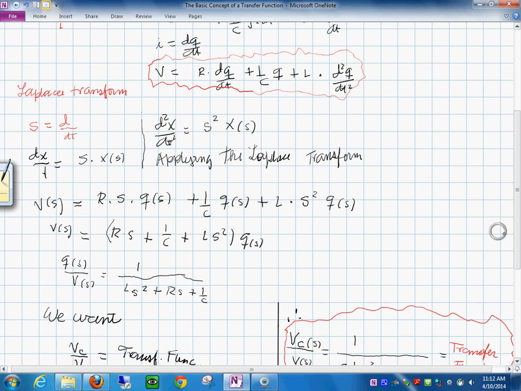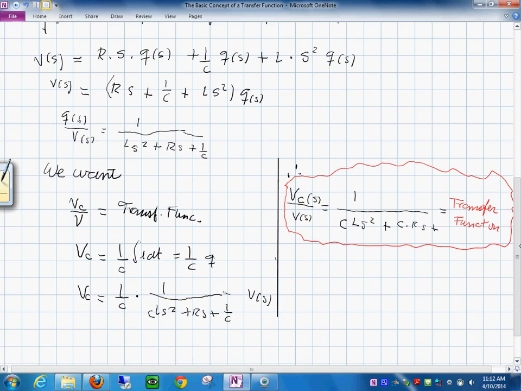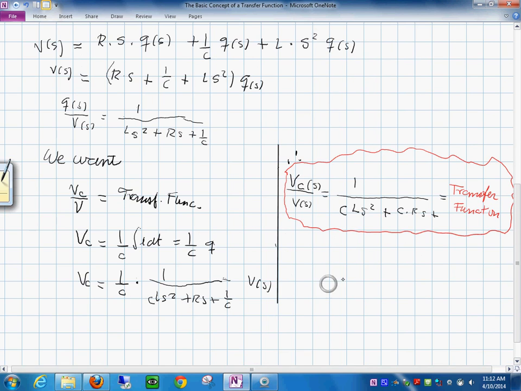Okay, so we have the transfer function here between those two. So now we could use it this way or use it this way. The output is the input times the transfer function. So this is the transfer function right here. Okay.